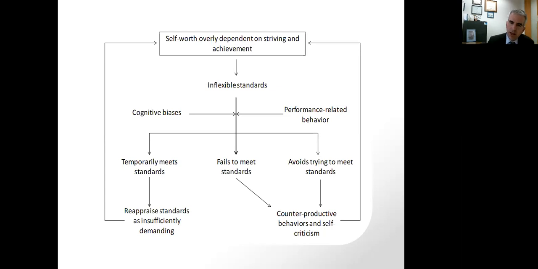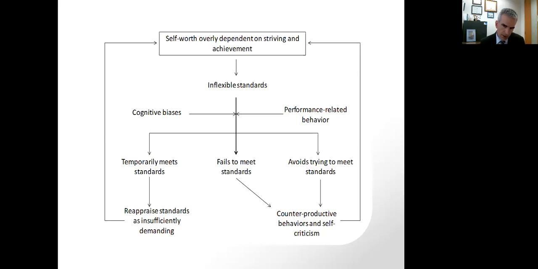Then the individual develops certain performance-related behaviors, such as overly editing papers or checking homework before turning it in, rereading emails before sending them to a coworker, all because they have these inflexible standards or rules. The standards are also supported by certain cognitive biases like all or nothing thinking.